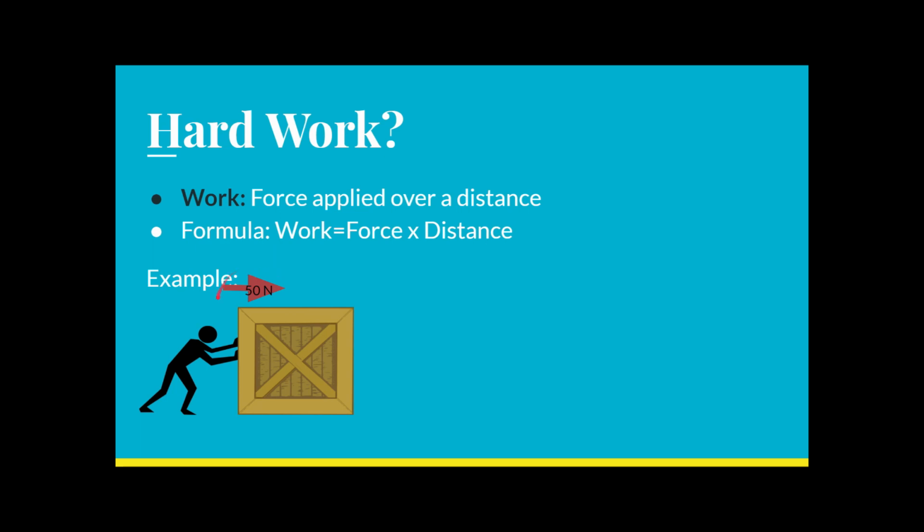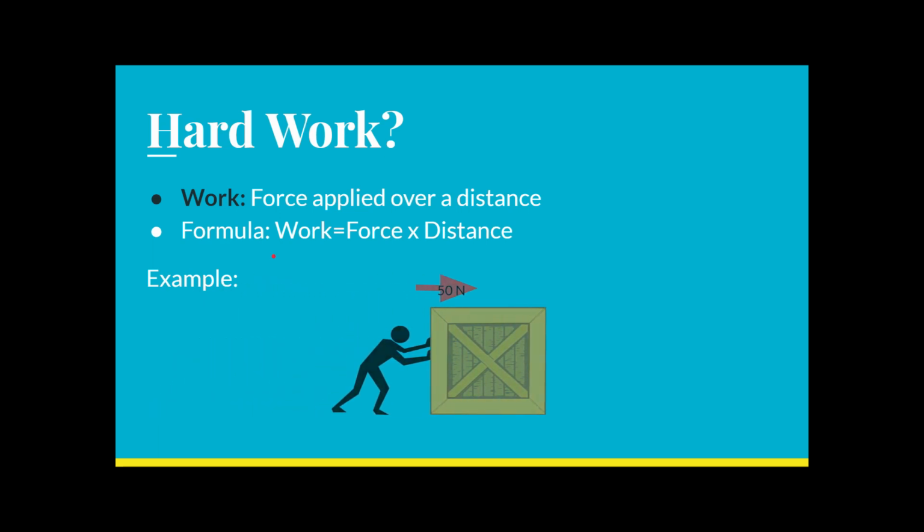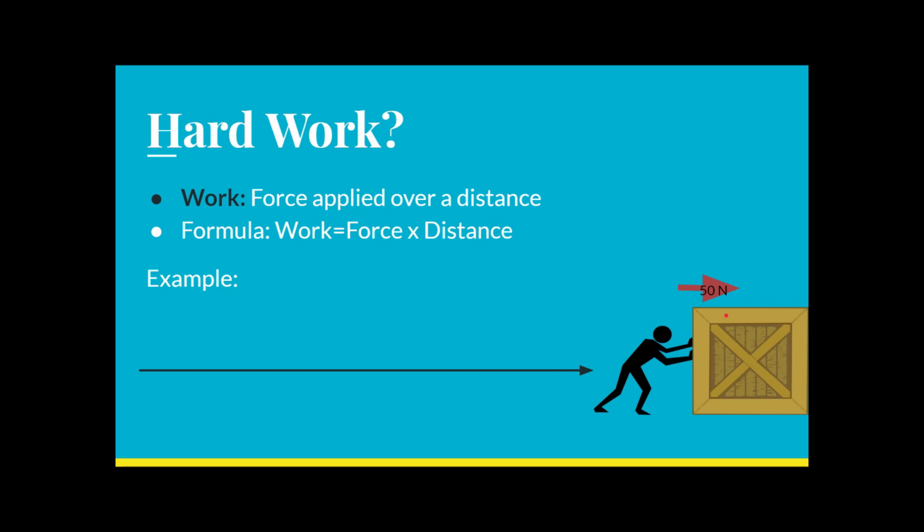Let's say you are pushing on this box, and we can measure how much force you're applying. You're applying 50 newtons of force to push it. And let's say the box starts moving, and you are still applying 50 newtons of force. So the box moves, and you can see it's moving across the page.